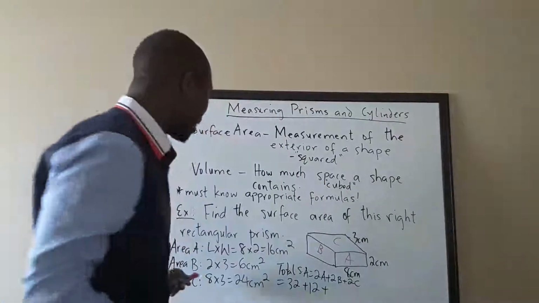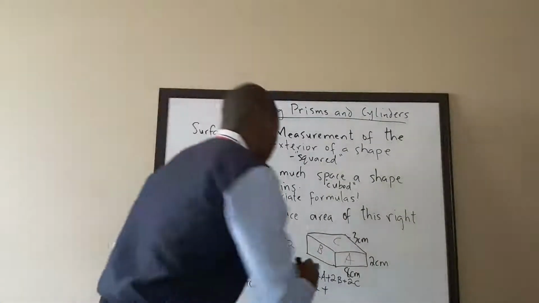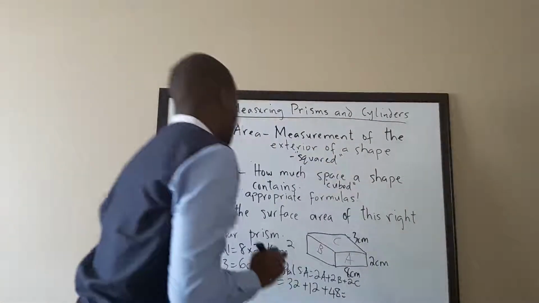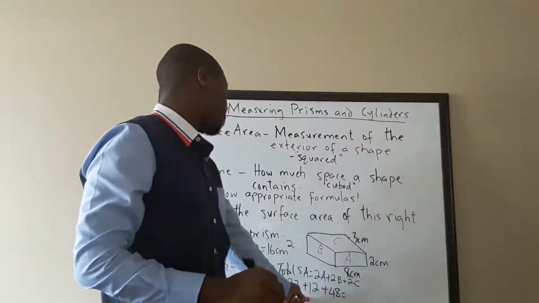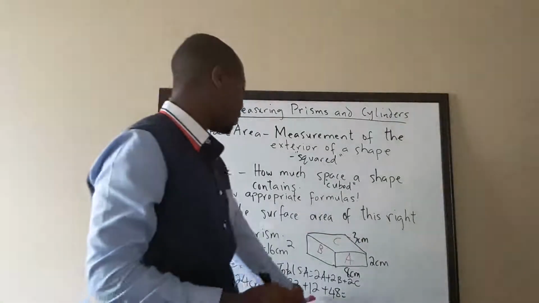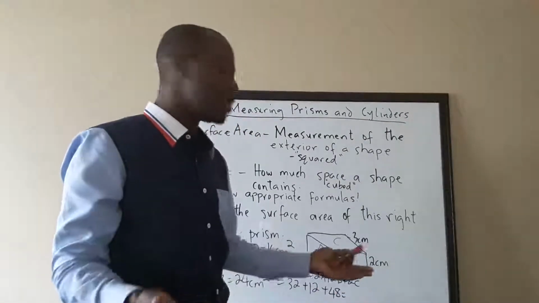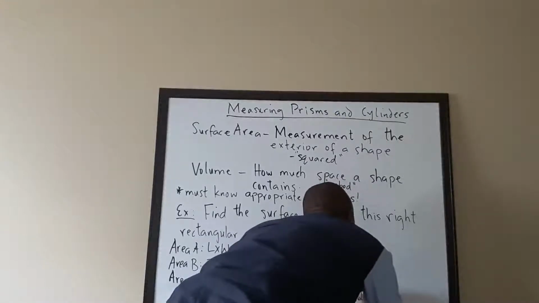Plus 2 times the area of C is 2 times 24, which is 48, equals, now 12 plus 48 is 60, 60 plus 32 is 92, so this is 92.